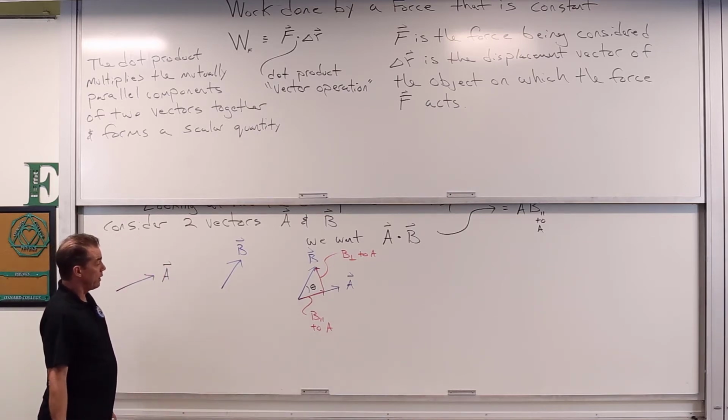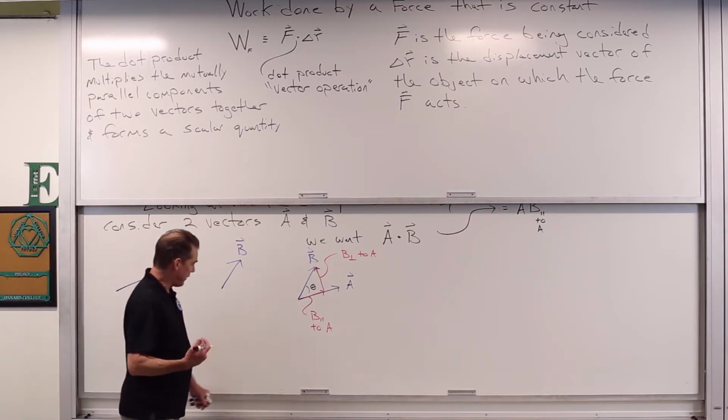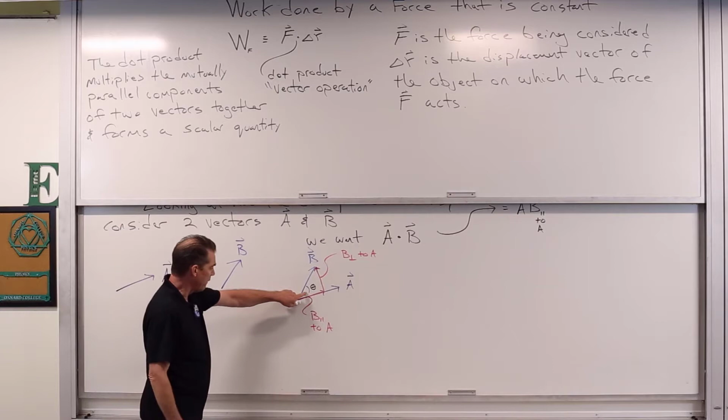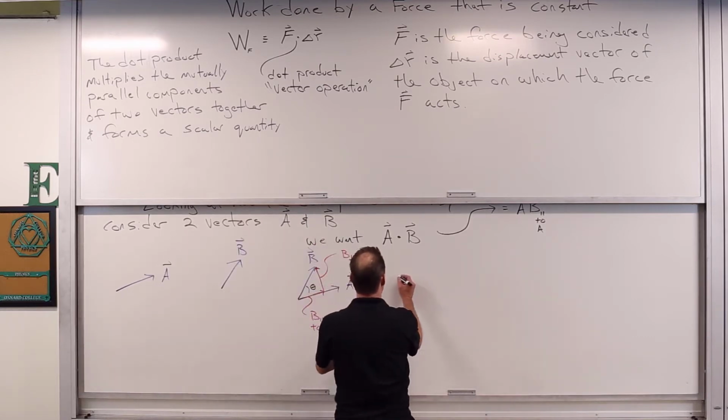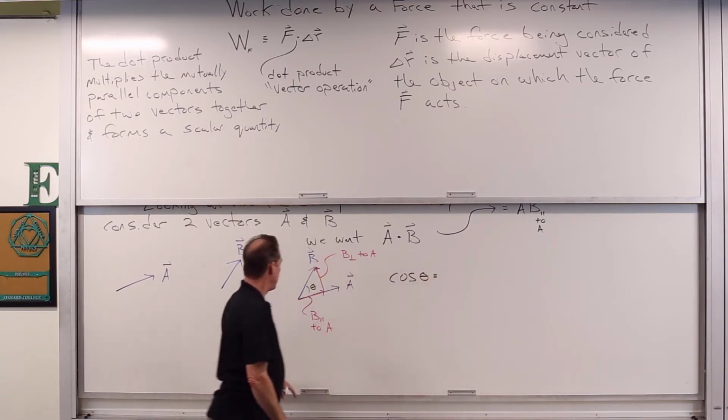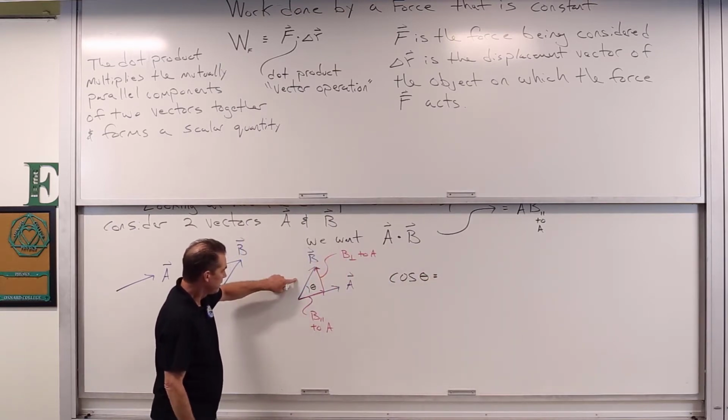Well, what we can start doing is looking at some trig identities, right? The definition of the cosine of theta would be adjacent over hypotenuse, where the hypotenuse would be the magnitude of B itself. So I can write that the cosine of theta is going to be equal to B parallel divided by B.